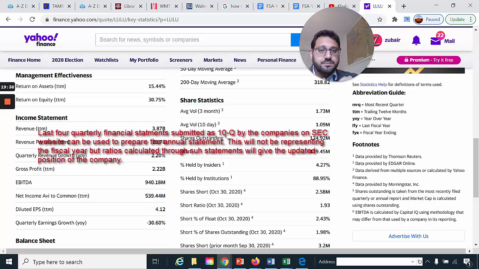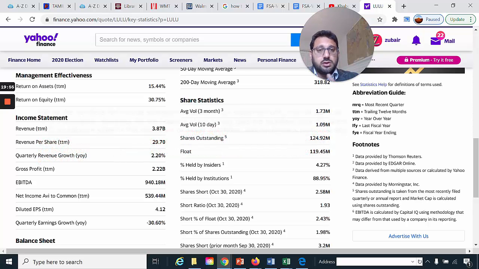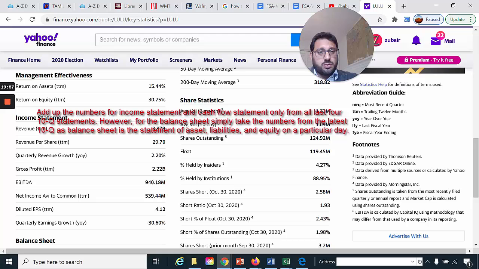Most students might just download the data from the 10-K and do this sort of analysis on those numbers, because it's easy. But if you want to get the updated results, then you need to take the last 4 quarters, add up the numbers, and then for that annual year you can compute your return on assets and return on equity.